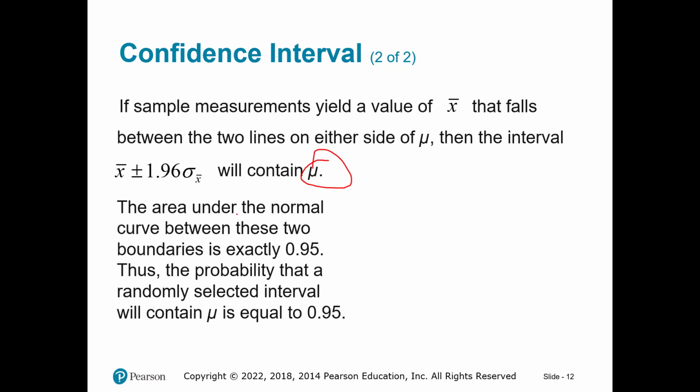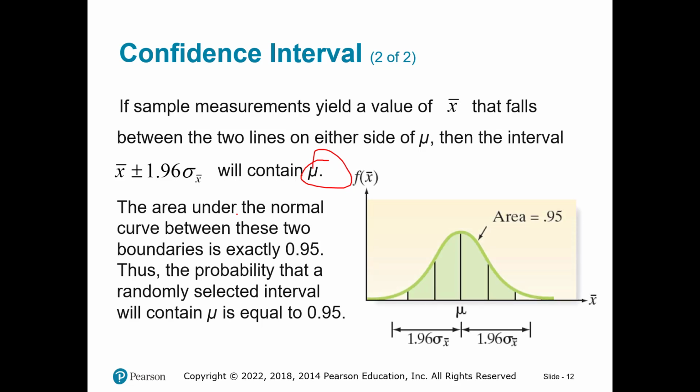The area under the normal curve between these two boundaries is exactly 95%, meaning 0.95. So the probability that a randomly selected interval will contain the population mean is equal to 0.95.